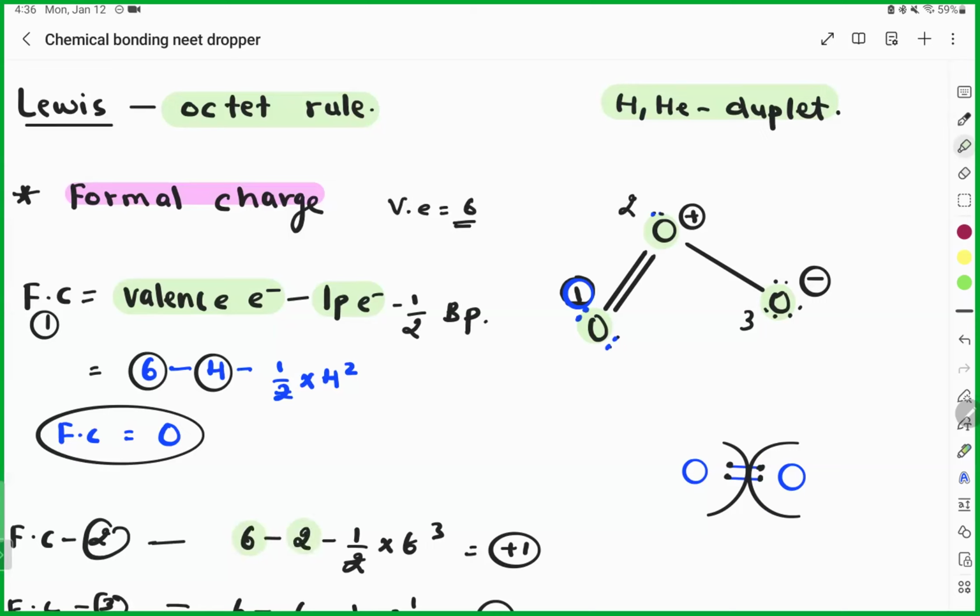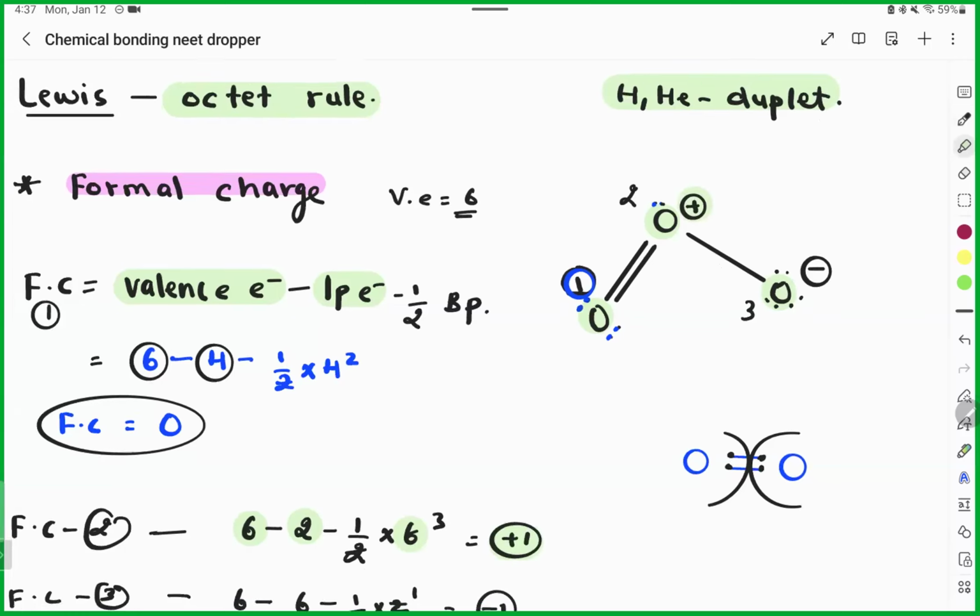For this, bond pair electrons will be 6. How? Because there are 3 bonds, 2 bonds on the left hand side and 1 bond on the right hand side. So total bond pair electrons 6. So here you will get the formal charge +1. So the second oxygen will have +1 charge.